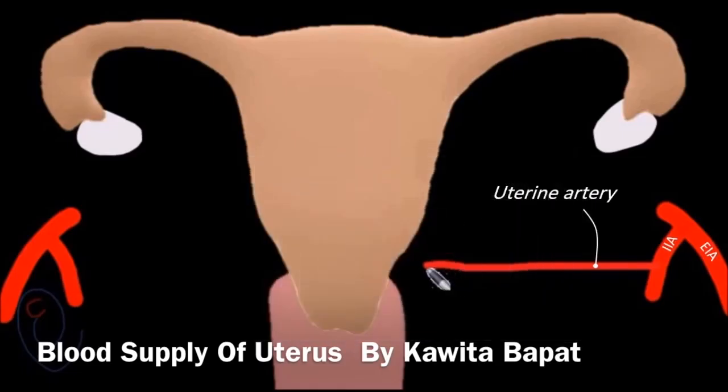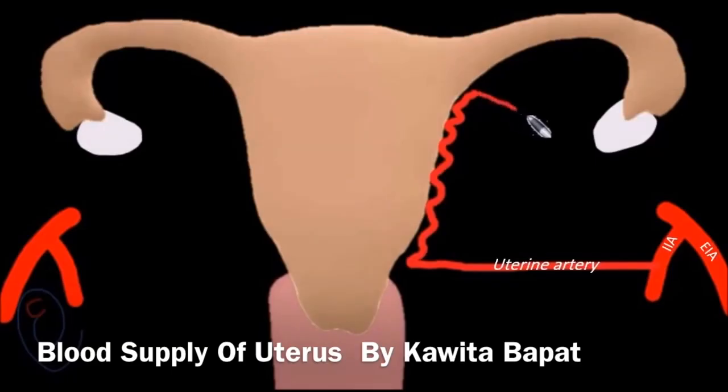At the level of the cervico-uterine junction, the uterine artery goes into the uterus, and at that level it divides into two branches, the ascending one and the descending one. The ascending branch runs very laterally to the uterus and is very convoluted, and it divides at the level of the fallopian tube into three branches.